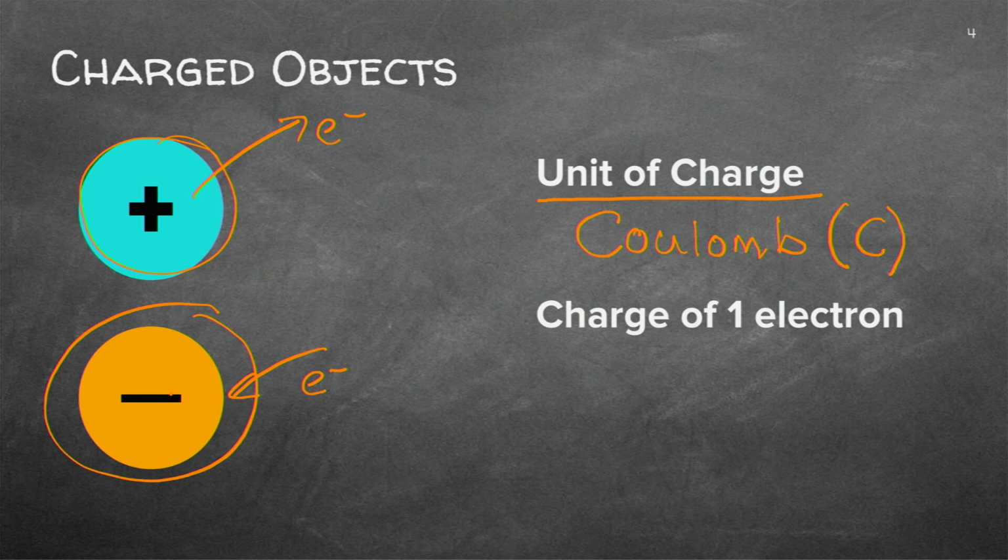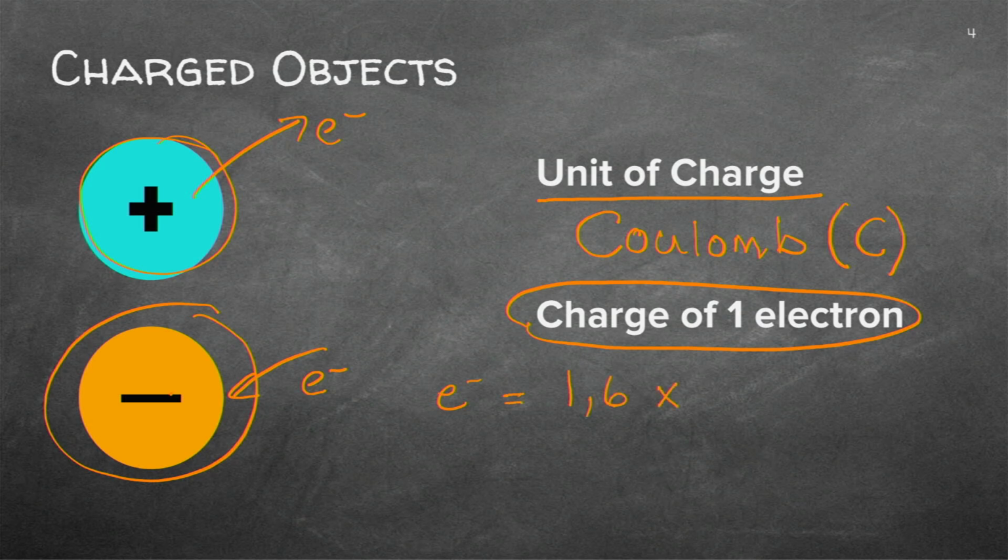We are going to get to the Coulomb charge now again. Make sure that you see on your information sheet that they actually provide you with the charge of 1 electron. If you see there, the charge of an electron is 1.6 times 10 to the power of minus 19. It's very, very small. It's in Coulomb.